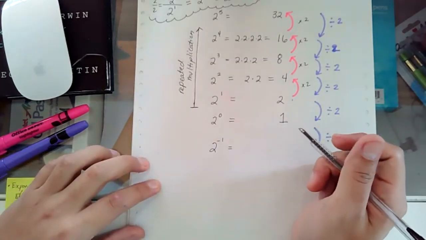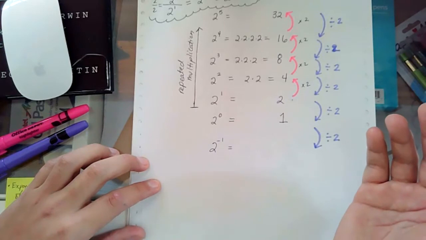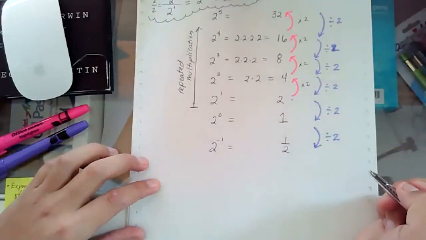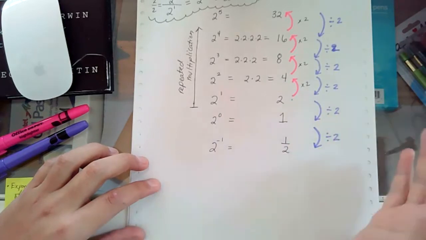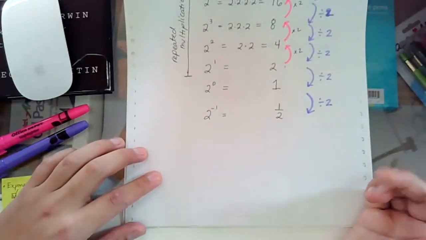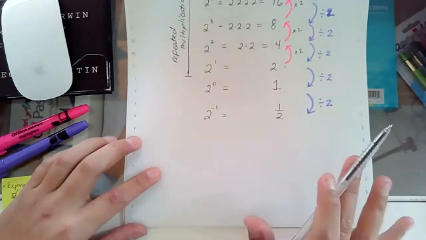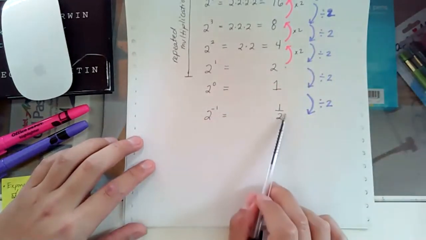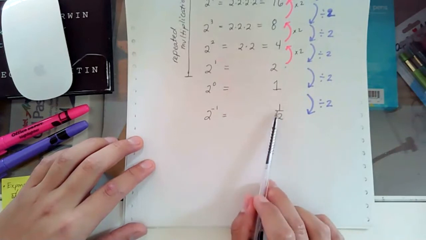0.5, or 1/2. And 1/2 is just 1 over 2, right? So if we wanted to represent it by a fraction, we could just call this 1/2. And that would be a natural extension of this pattern. Notice that this is not negative 1/2.